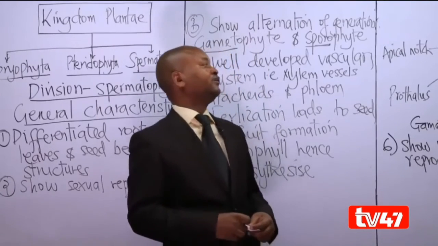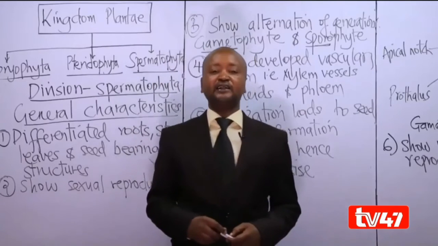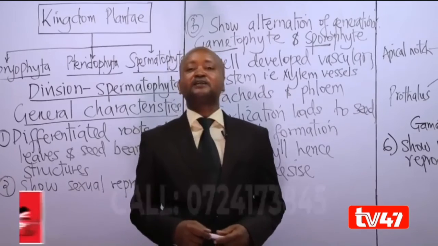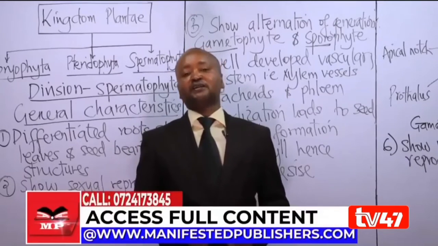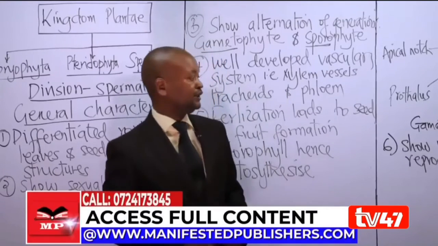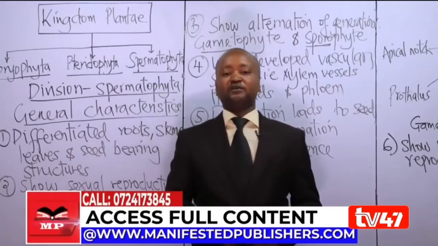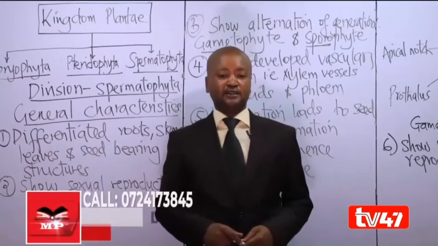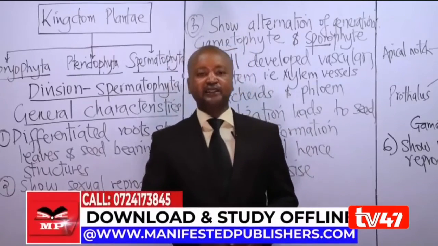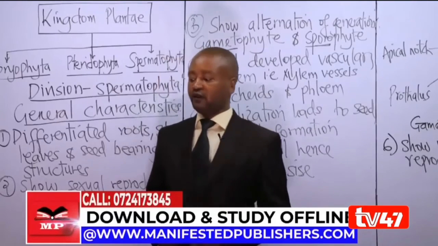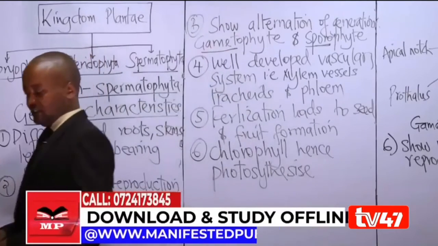That is the archegonia and the antheridia, which are the female part and male part of the plant, and that one forms what we call the gametophyte. Then the other main part of the plant, which is normally green, is the sporophyte.